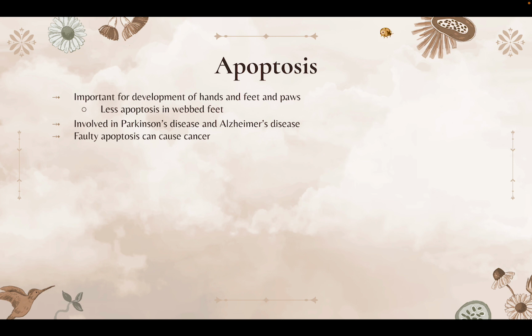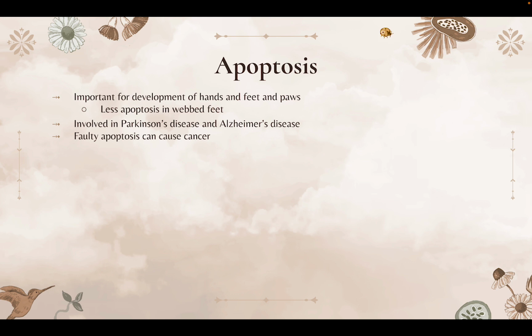And the way you get fingers is the cells in between your fingers die. And that's where apoptosis is coming in, because those cell deaths are planned. And what you're going to see is that there's less apoptosis in organisms with webbed feet, because those webs are the cells that die in organisms with hands like ours, right?